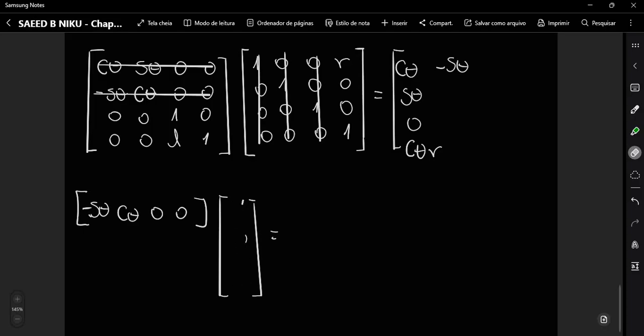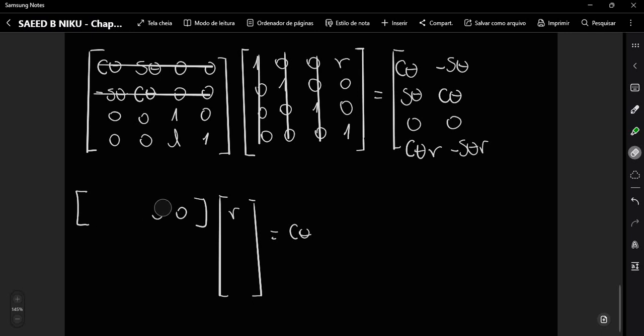Changing the column, 0, 1, 0, 0, cosine of theta. Now 0, 0, 1, 0, and it's all 0. Right here, 0. And again, r right here is minus sine of theta times r.